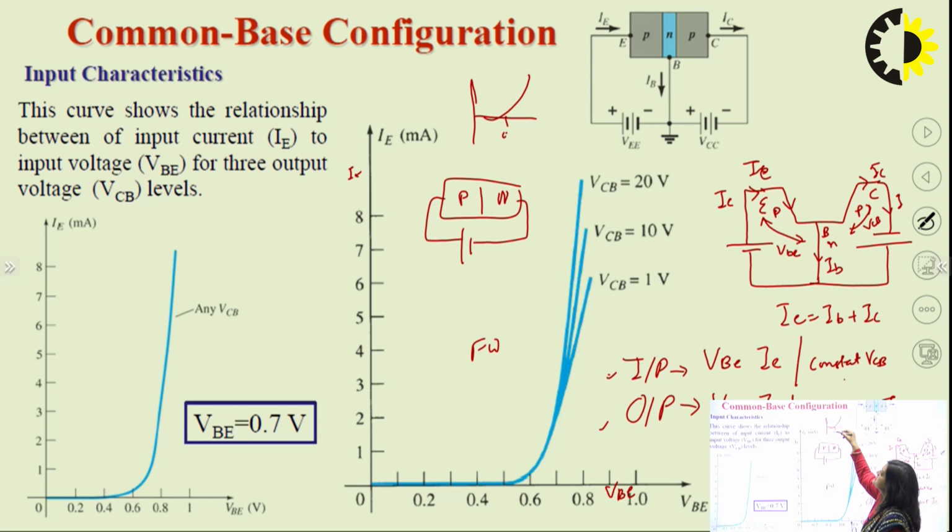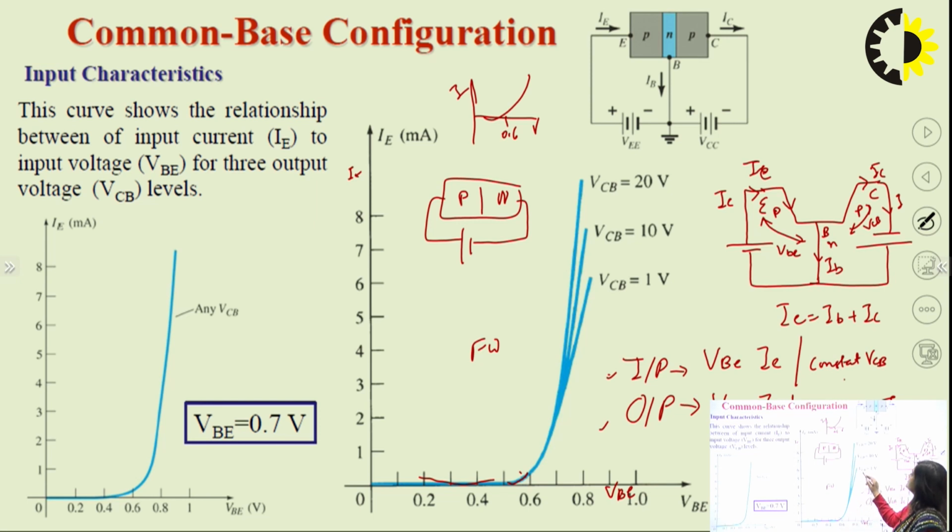It will start conducting at nearly 0.6 or 0.7 volt if it is a silicon diode. So in this mode, when we see the input characteristics of the common base configuration, the transistor acts as a normal PN junction diode, and it has characteristics similar to the PN junction diode.